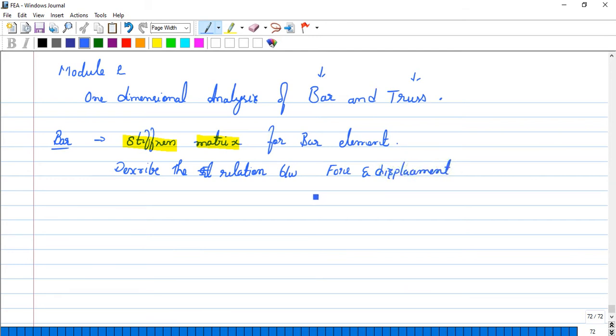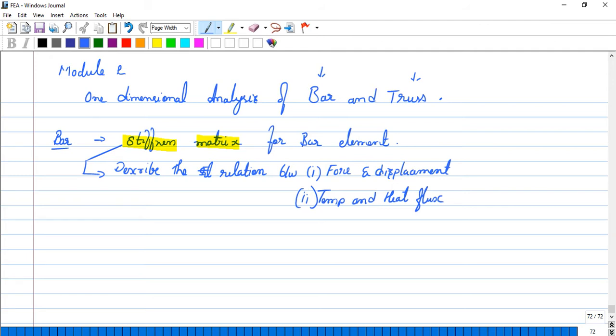as well as we use this particular term in order to describe the relationship between temperature and heat flux. So we can make use of the stiffness matrix to describe the first category, force and displacement, and the second category, temperature and heat flux.